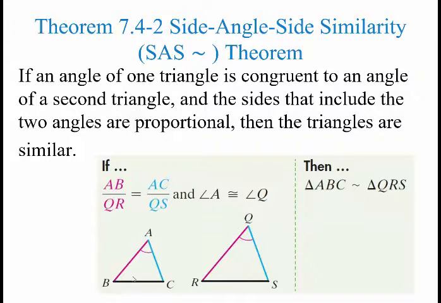So here, side AB over side QR is equal to side AC over side QS, and the included angles between those are congruent, then we can say that triangle ABC is similar to triangle QRS. So AB to QR has to be equal to AC to QS.